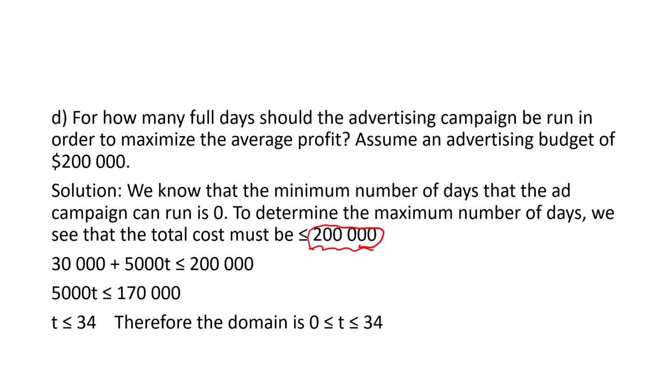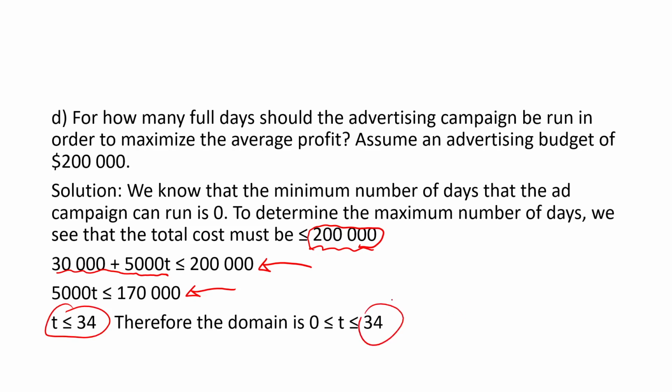So we know that the total cost of 30,000 plus 5,000 t must be less than or equal to 200,000. Subtracting 30,000 from both sides, we get 5,000 t must be less than or equal to 170,000. And then dividing both sides by 5,000, we get t must be less than or equal to 34.